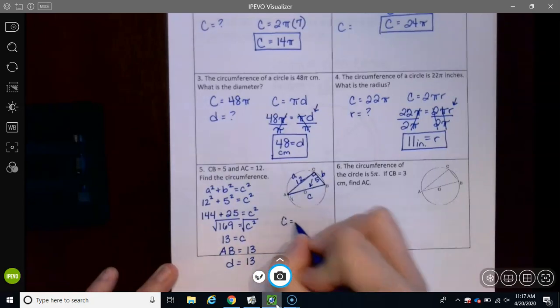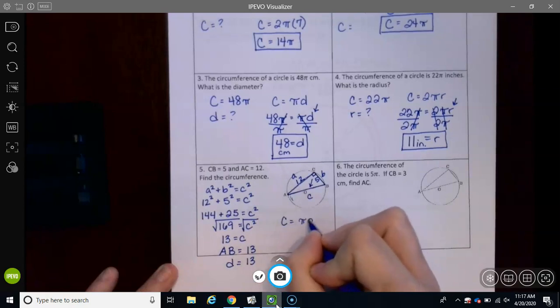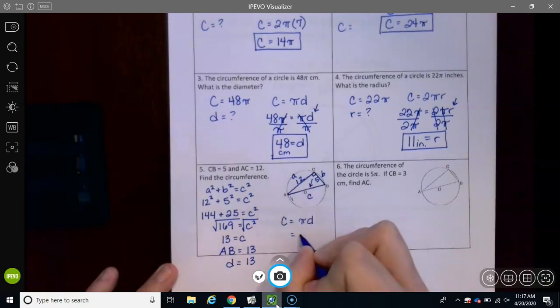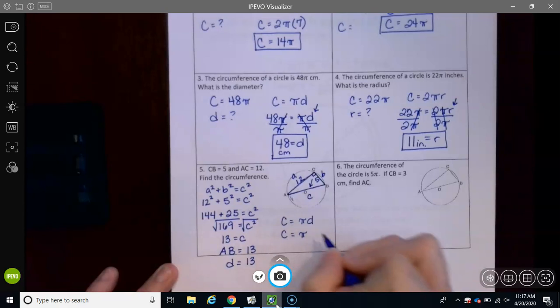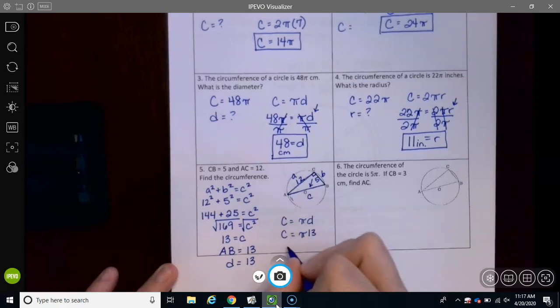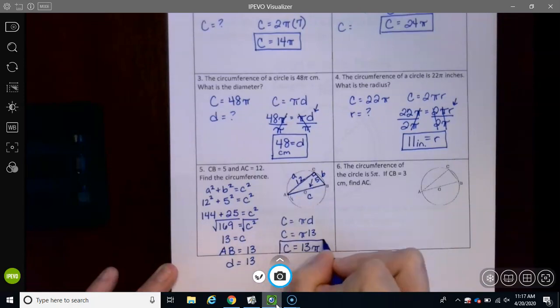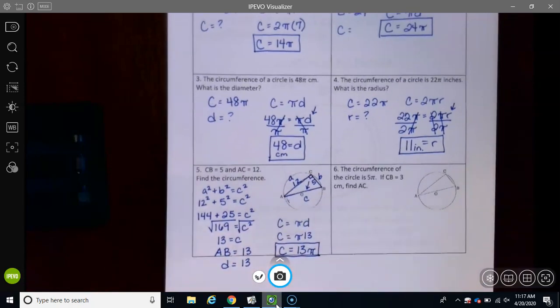So circumference equals pi times diameter. So pi times 13. So C equals 13 pi. So that was definitely a two-step problem. First, having to find out what the diameter was using the Pythagorean theorem, and then plugging that into our formula for circumference.